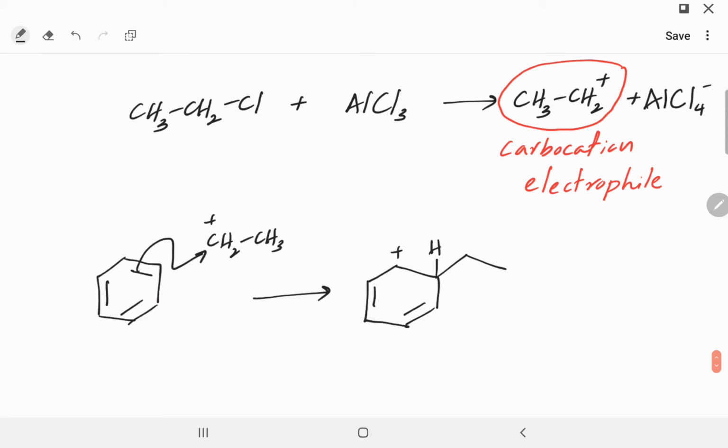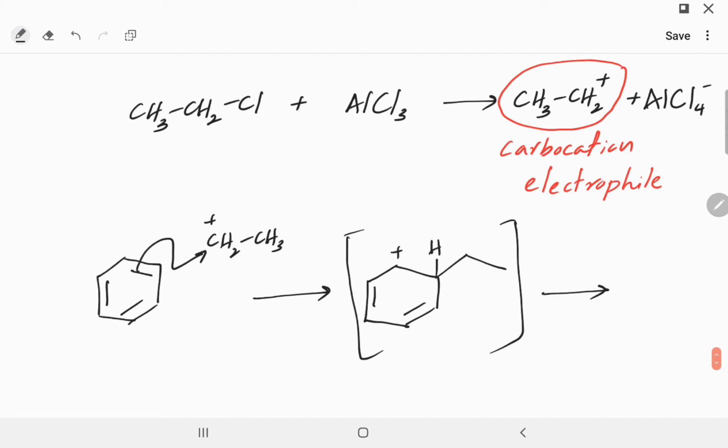Initially you had conjugated 6 pi electrons on benzene, but now you only have 4 pi electrons, so it is no longer aromatic. So this intermediate is extremely unstable as compared to your aromatic compound.